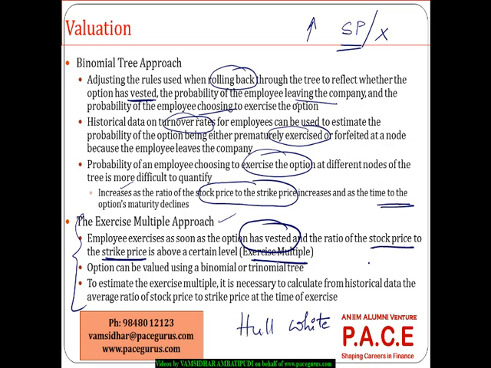Again, the valuation of the option can very well be done using a binomial tree or a trinomial tree kind of approach. But again, the numbers associated with estimating that multiple have to be calculated from the historical data itself. But this is one more method which is slightly simpler compared to the earlier ones we talked of.